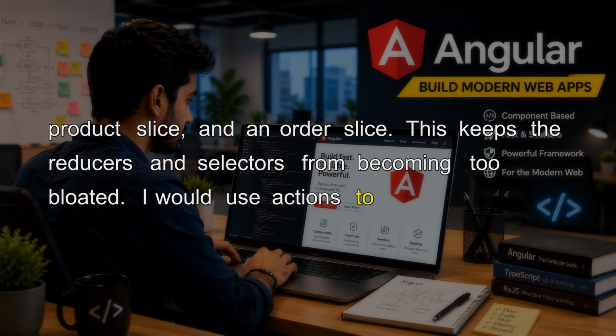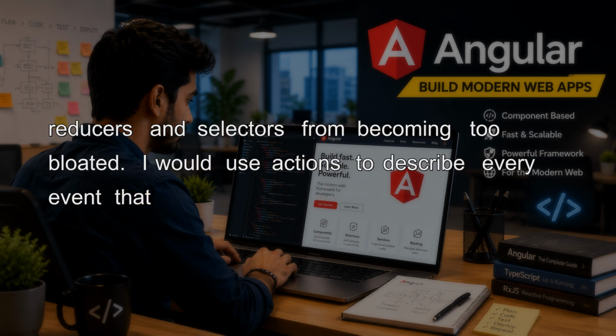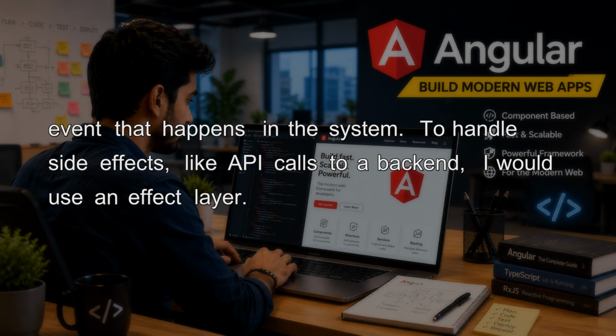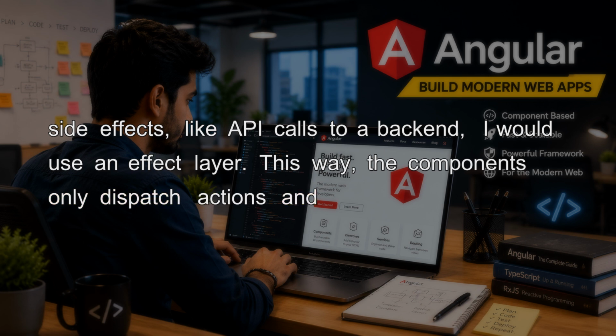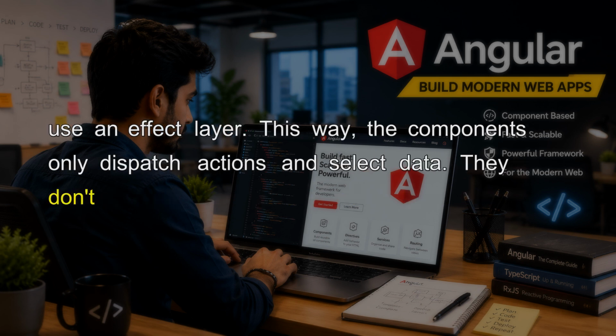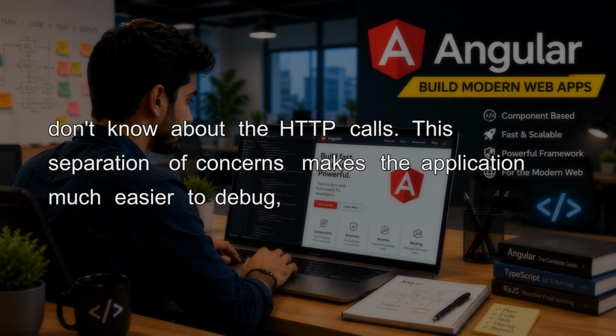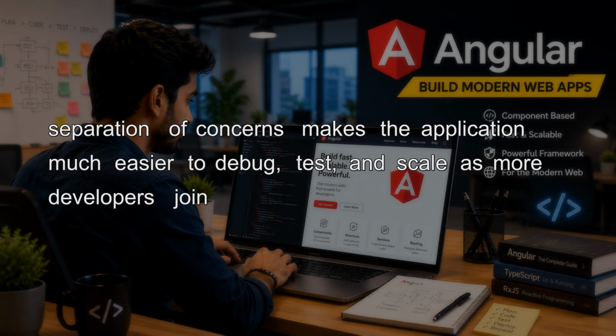I would use actions to describe every event that happens in the system, and to handle side effects like API calls to the backend, I would use an effect layer. This way, the components only dispatch actions and select data. They don't know about the HTTP calls. This separation of concerns makes the application much easier to debug, test, and scale as more developers join the project.